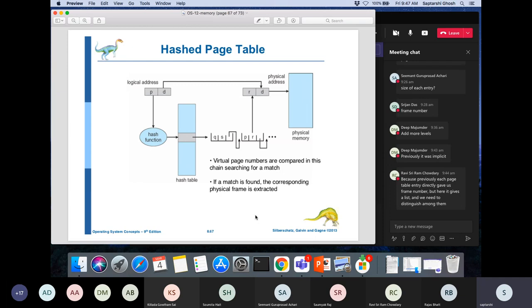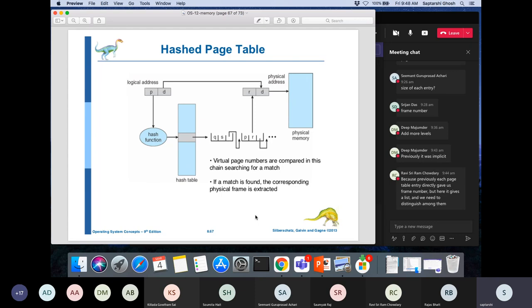You need too many memory accesses to get to a particular piece of data. Of course, you can still use the TLB, but if there is a TLB miss, then there is a huge cost, as in maybe 4 memory accesses are required to access our data. So that is what people are not liking.